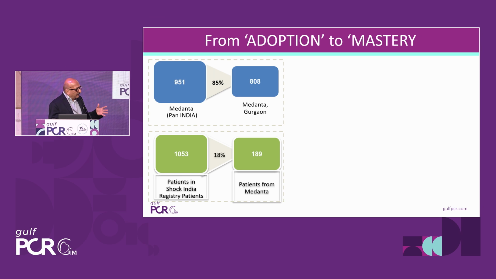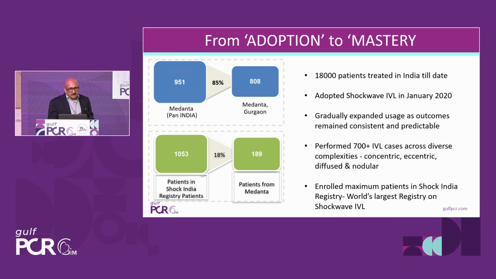We did a very big registry in India, known as the Shock India Registry, which had 1,000 patients, and 20% of the patients were from my center. Up till now, 18,000 patients have been treated in India since January 2020. And I'm also going to share my own personal experience of more than 700 cases of IVL done in the last 5 years.